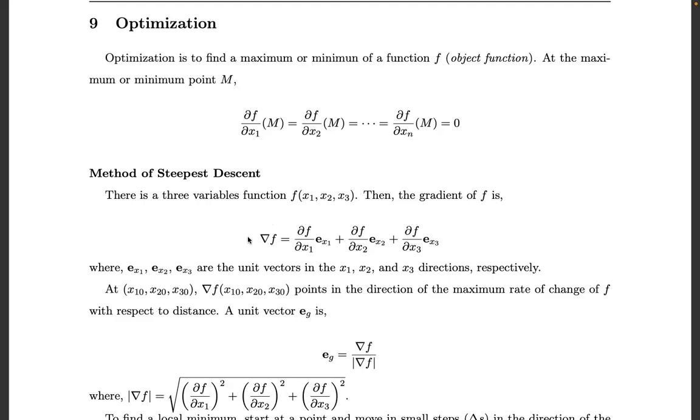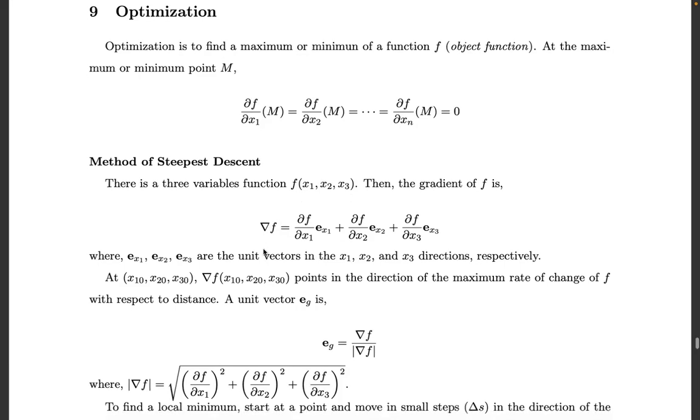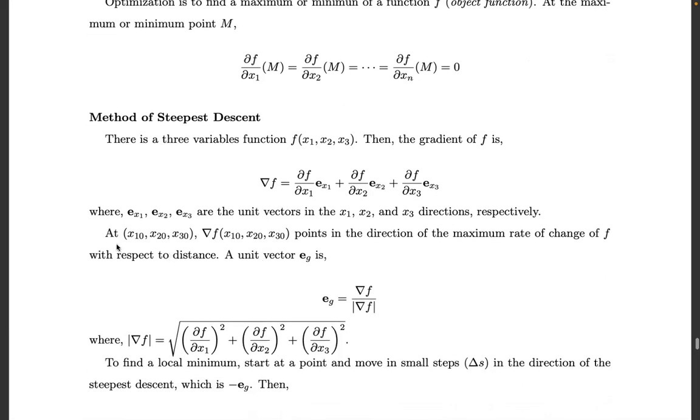So the gradient of f is a vector. This is important. It's not a number, it's a vector. At this point, the starting point x1 0, x2 0, x3 0, we can calculate this gradient.